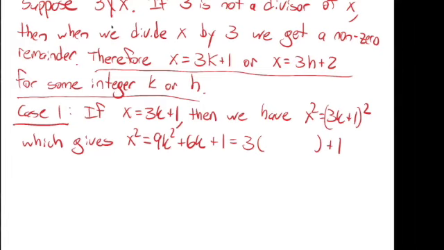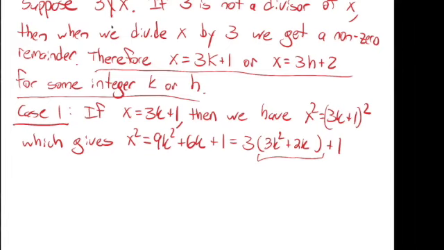So maybe let's think about what would go in the blank here. I want to take this thing, 9k squared plus 6k plus 1, and write it as 3 times something plus 1, where hopefully that something is an integer. So doing the algebra inside here, we would have 3k squared and 2k. So I could factor out a 3 from the first 2 terms.